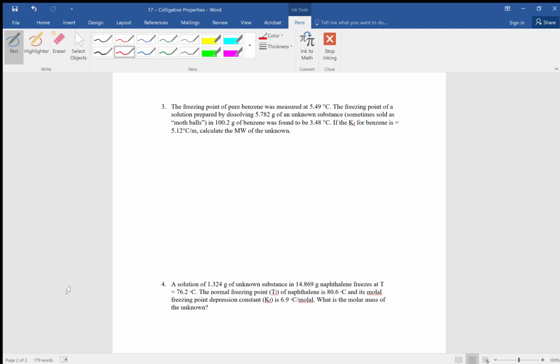So what we know here and what we don't know here are, we know the change in freezing point, we know the constant, and we can determine the Van Hoff factor. So what we don't know is the molality. So the change in freezing point here is the difference between the normal and the other freezing point.